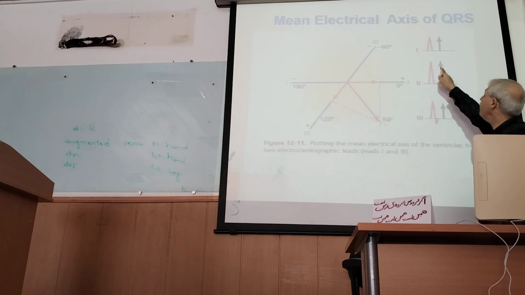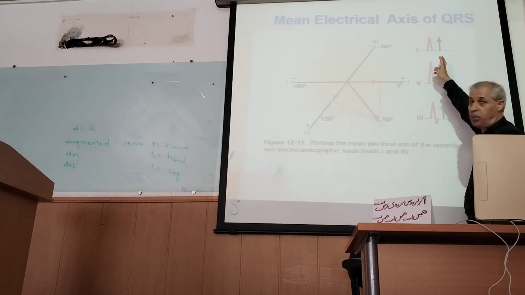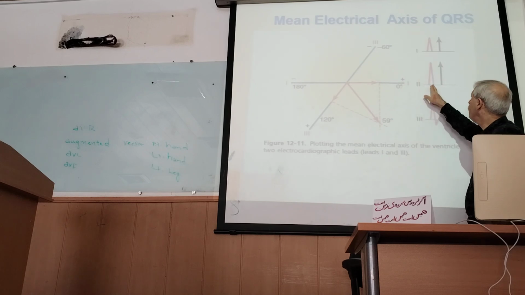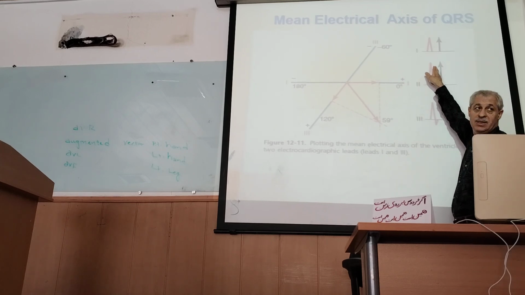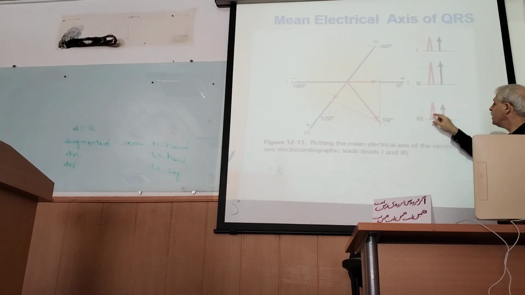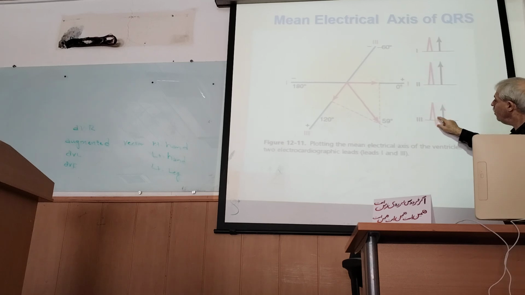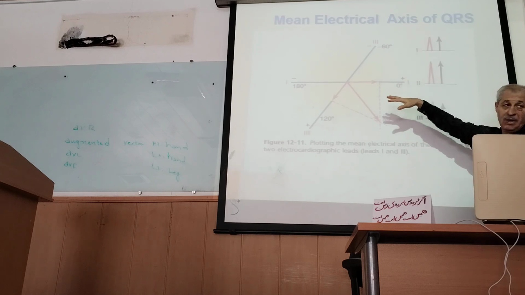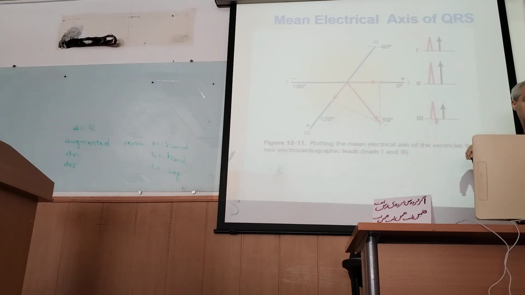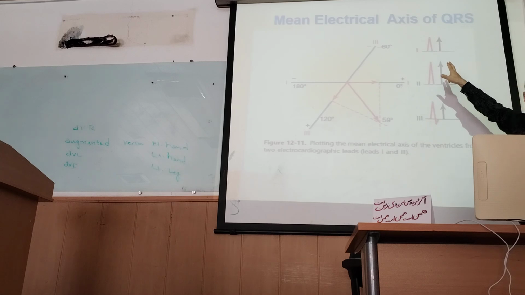For example, here 3 positive in lead 1, 5 positive in lead 2. See, 3 minus 1 equals 2, so 2 positive. In each respective lead, you should make a point which is equal to the calculated mean QRS.